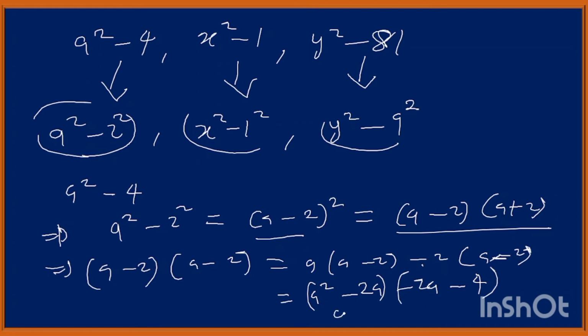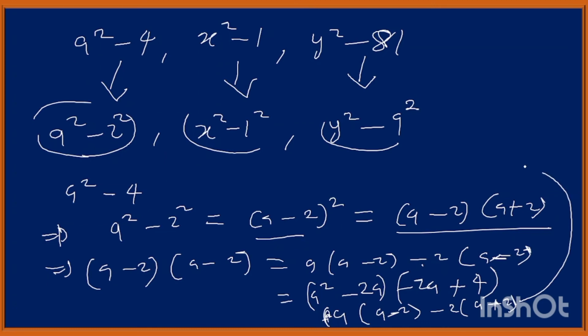Now factorizing, what is common here? a. So this will give me a minus 2. What is common here? Minus 2 is common. So this will give me a plus 2.